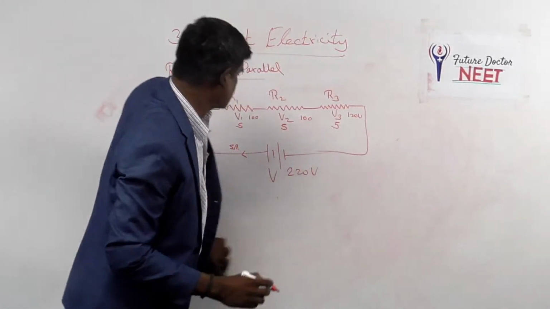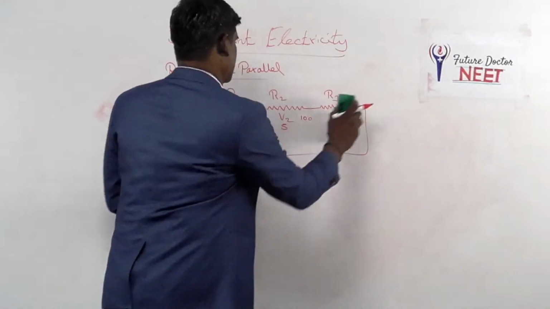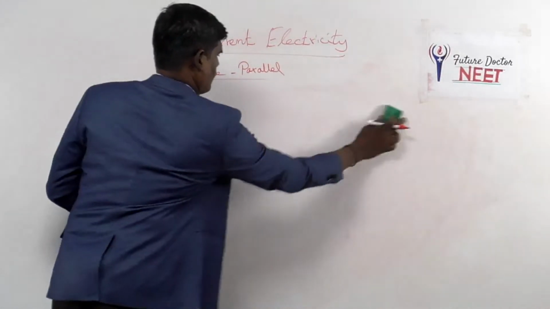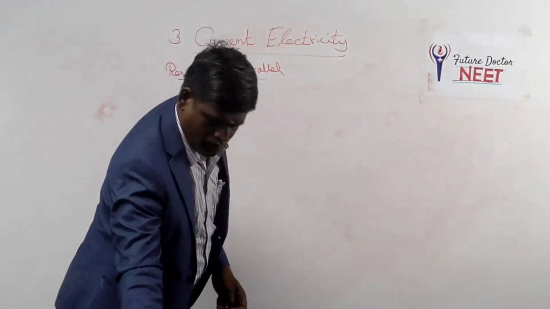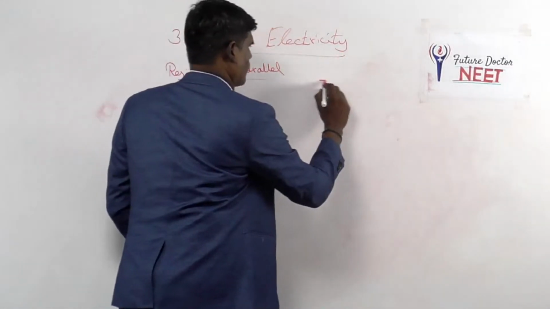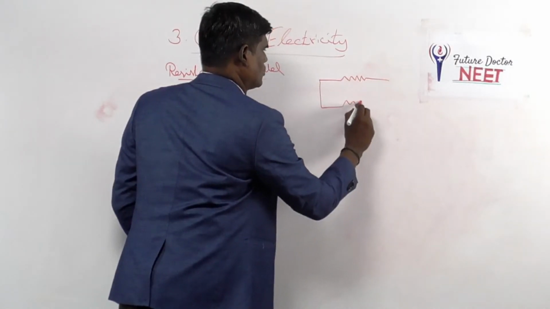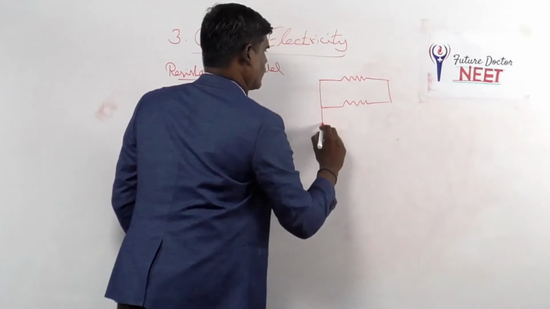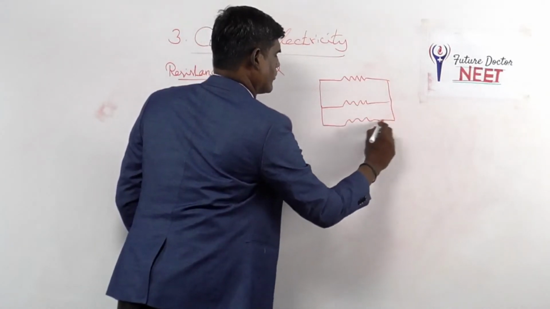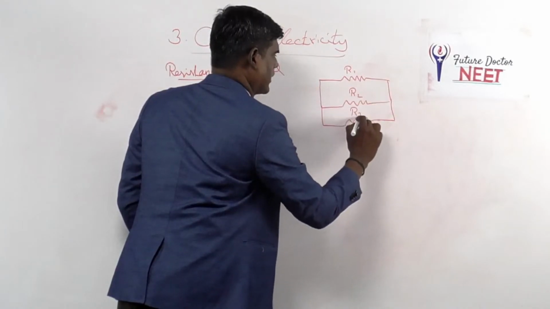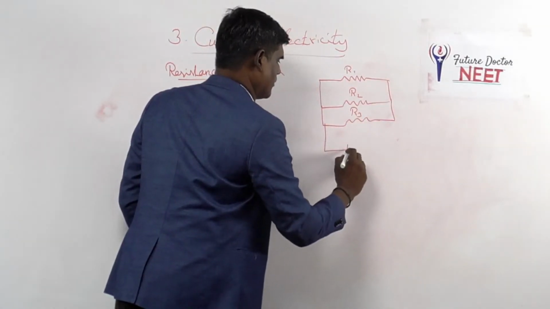Three resistors connected in parallel: R1, R2, R3, three different resistors connected in parallel.